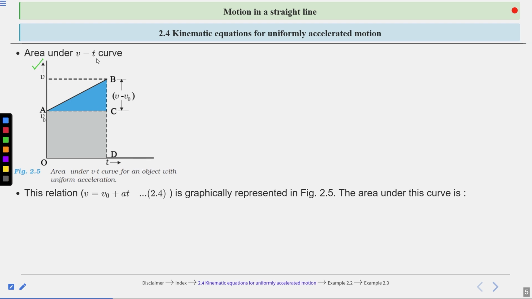So the area under the v-t curve is this shaded region. Yes, the area under the v-t curve represents displacement. So this shaded region represents displacement.